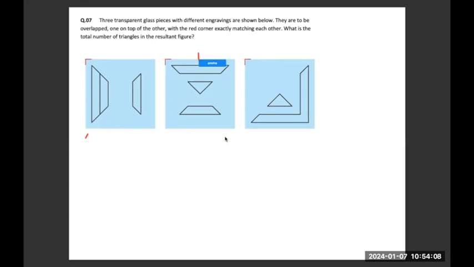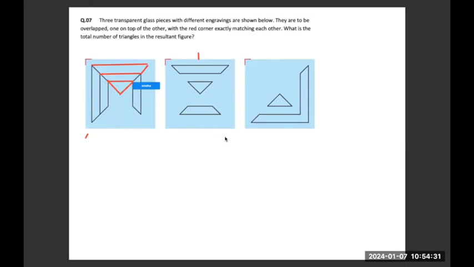So from this part, I will be getting this one here.